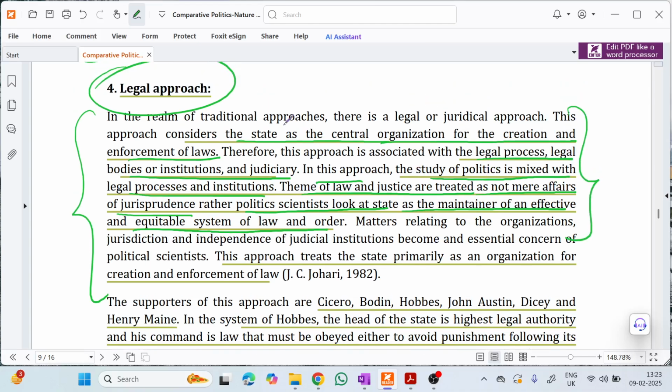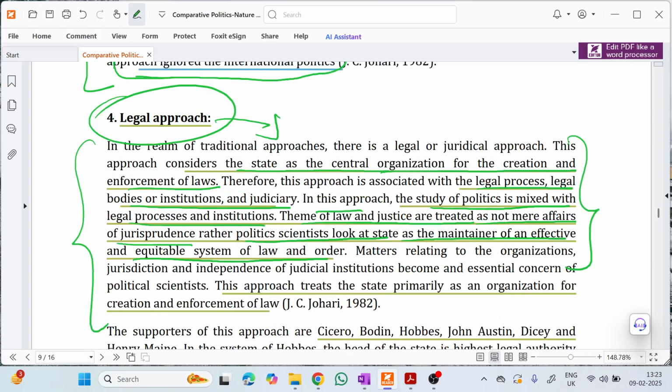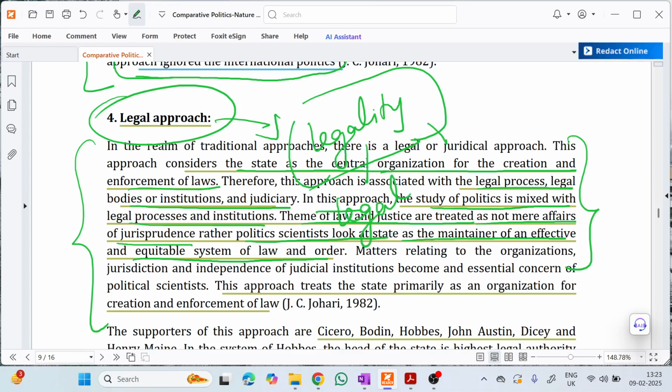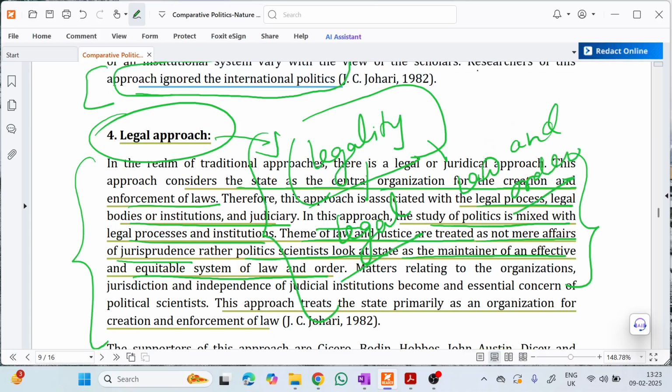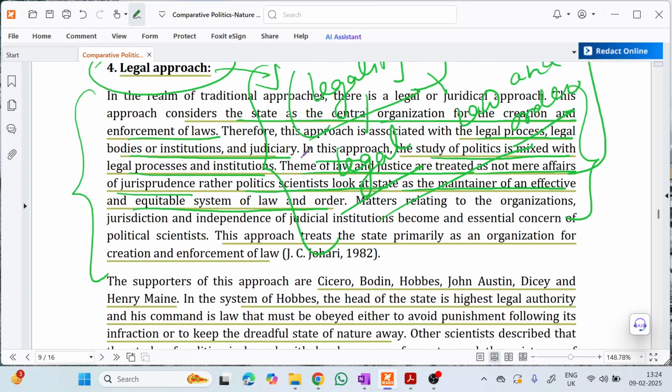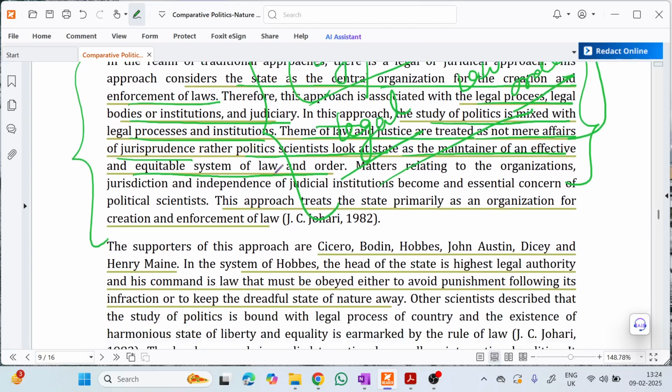So this legal approach, first, looks at all the legal dimensions, which can be clubbed as legality. All dimensions of legality, which include the legal processes, all the institutions that uphold law and order, and the working of all such legal principles and legal aspects, are studied by this approach.